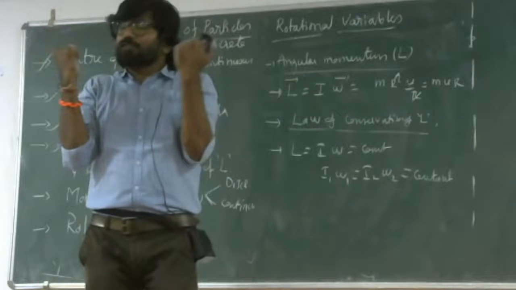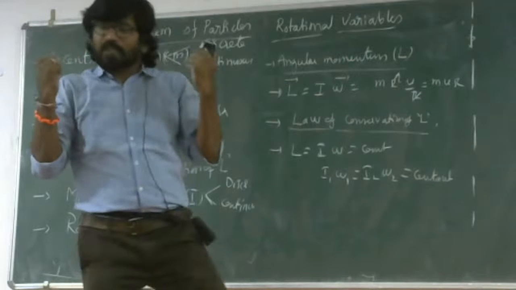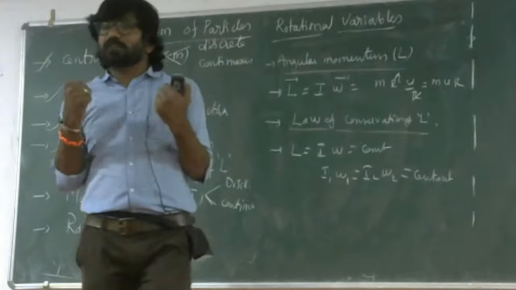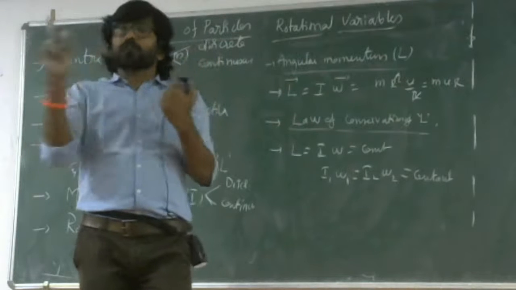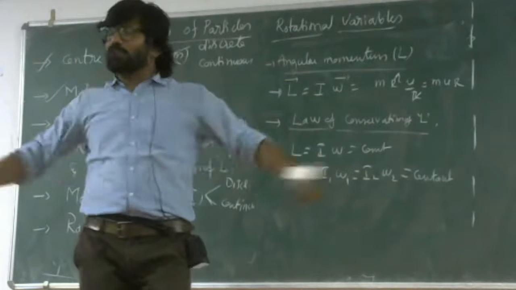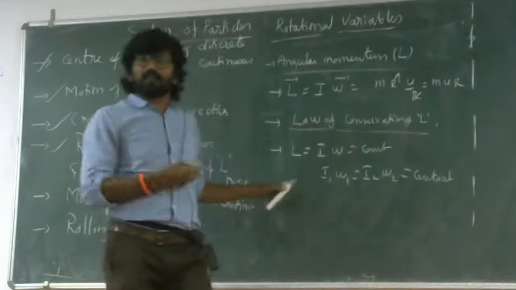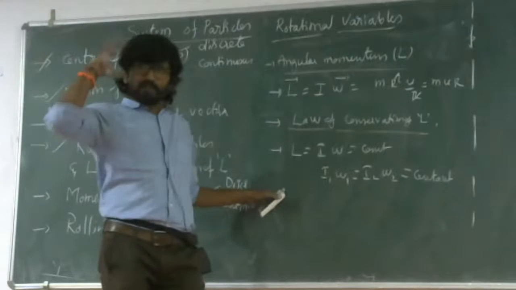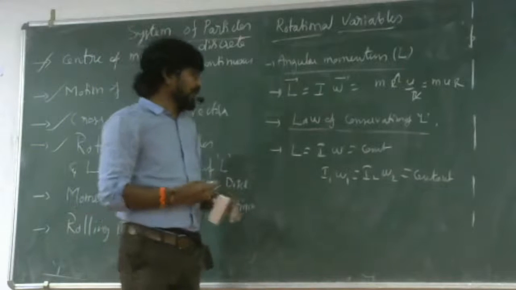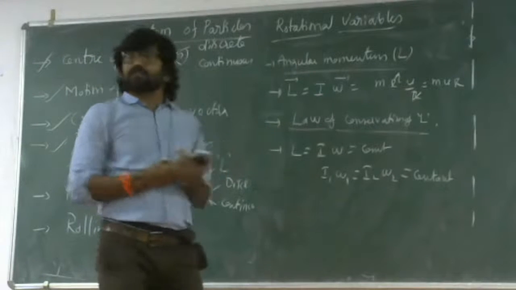If you bring your legs and hands closer, you will rotate with larger speed. Same way, if you stretch, the speed of rotation decreases. You have to remember those conceptual points. So this is briefly about the law of conservation of angular momentum.